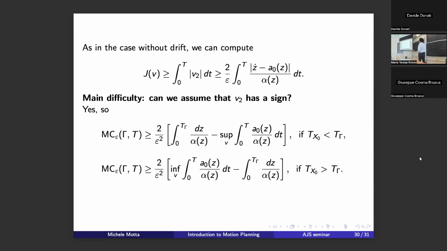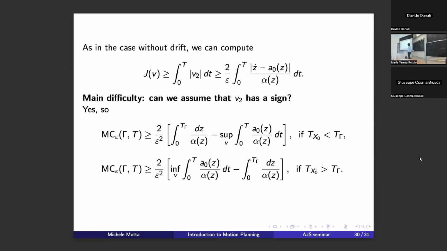So in the end, you have that if you have this inequality, so if the drift is not strong enough, then this part here is positive. In order to be nice, u2 must be positive, and so you can remove the absolute value, and you end up with this formula.